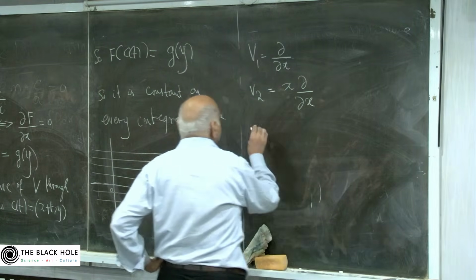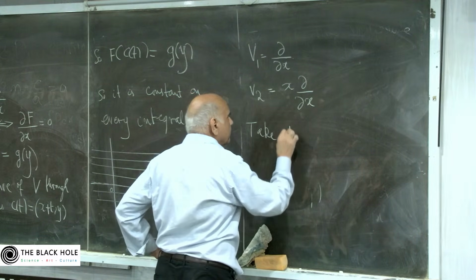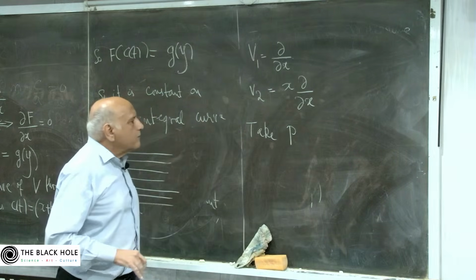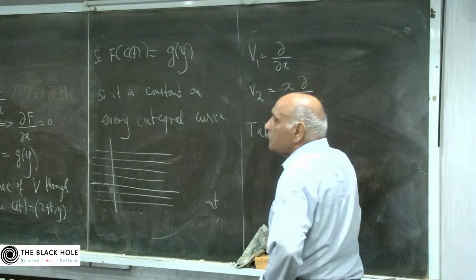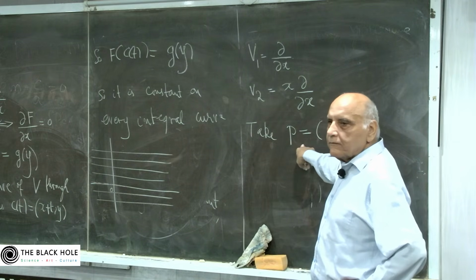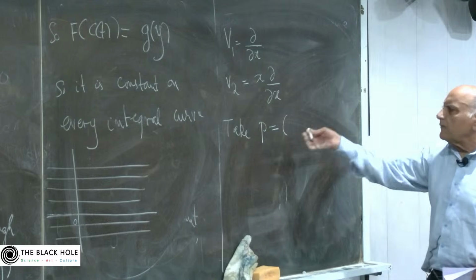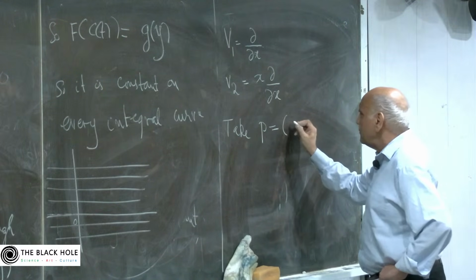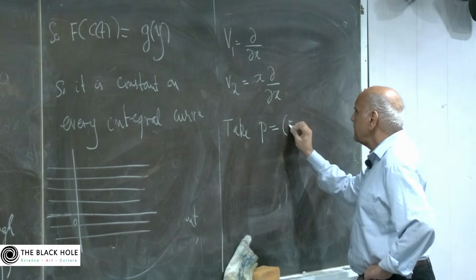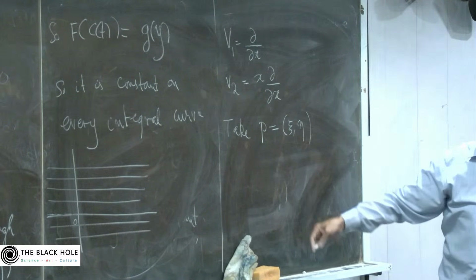So take a point P. P will have some coordinates. What do you want to call the coordinates? Let's call it xi, a and b were reserved for functions, right?